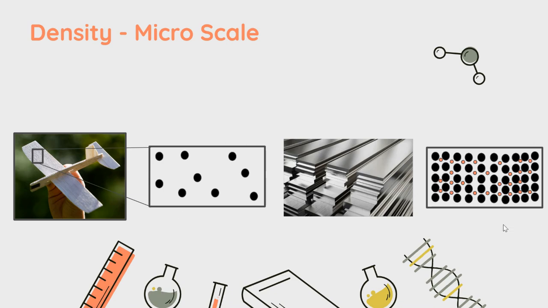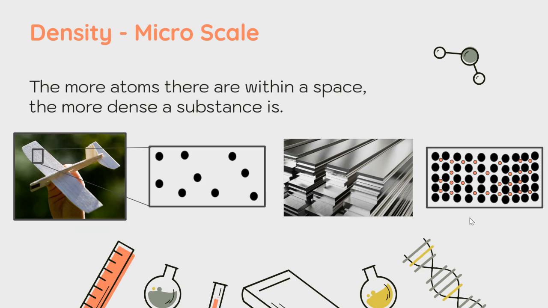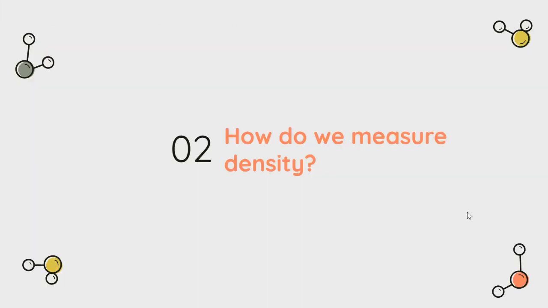Whereas in steel on the right, those atoms are really packed together. You'll see there are some even smaller atoms kind of packed in between the bigger ones. Overall, this makes a lot more stuff, a lot more mass or matter in a given space. So we can really think of density as partly due to how many atoms there are within a similarly sized space.